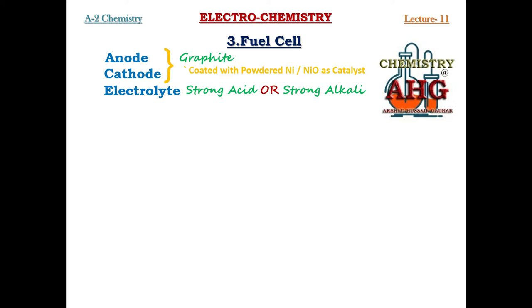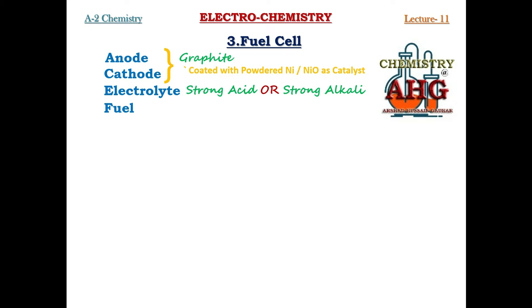But one more thing that you must remember in case of a fuel cell, besides this composition, is that we always use a fuel. Since the name of the fuel cell indicates it, we must use a fuel for the production of electrical energy. So what are the common fuels that we use when fuel cells generate voltage or electrical energy?